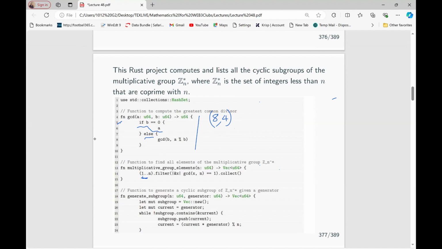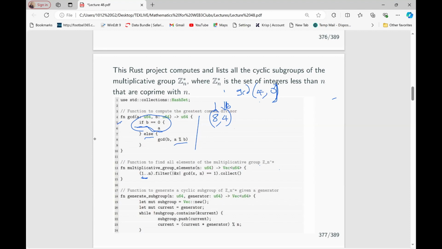The else says you make a call to find the GCD of B, so in this case, this is my A, and this is my B. I now make a call for B and the remainder of A on division by B. Once one of the elements is 0, I can apply this part. The GCD becomes 4.